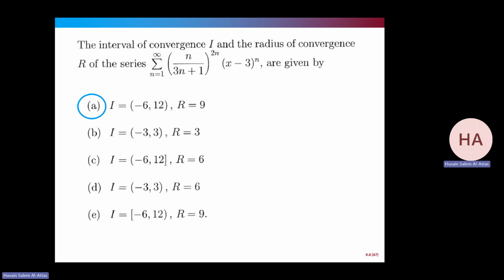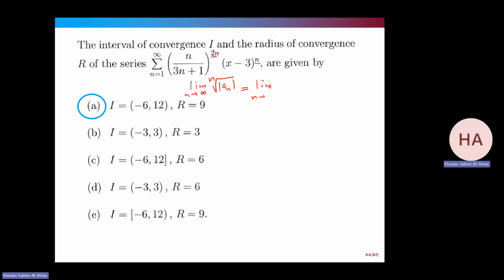Maybe in this case we can do the root test. Since they have powers, I think the root test will be better. Let me check. So the root test will give me the limit as n goes to infinity of the nth root of a_n. Everything is positive, so no need for the absolute value.